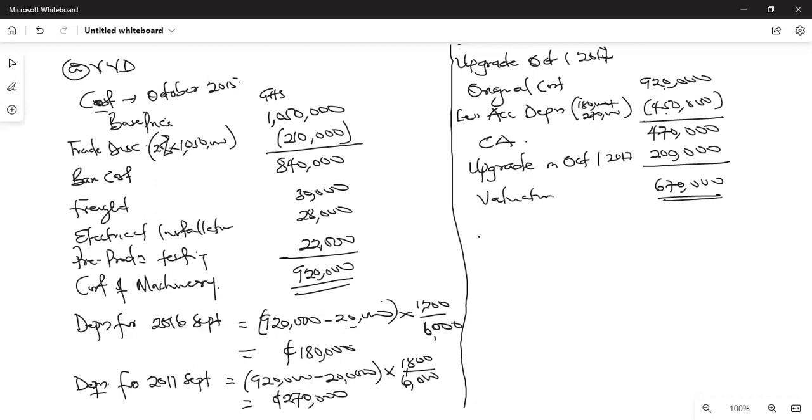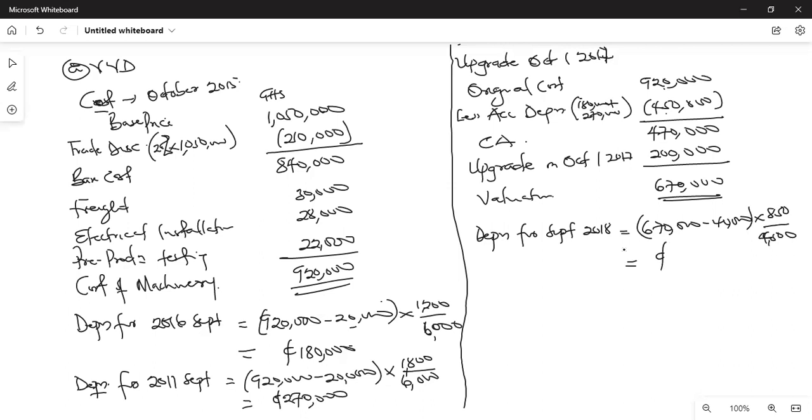So we now need to do our depreciation for September 2018, and that will be equal to, we having the new price 670. We take off the scrap, the new scrap, which is 40,000, and we now need to multiply it by 850 over the new estimated useful life of 4,500.